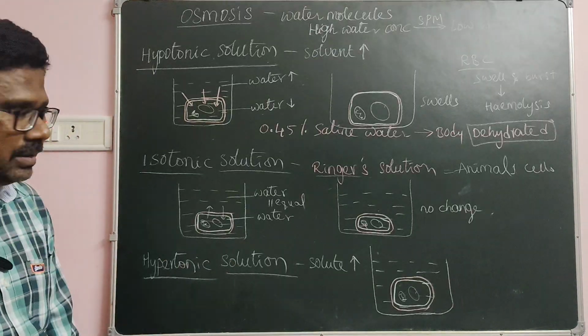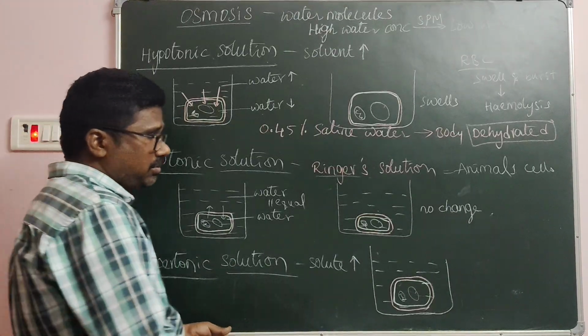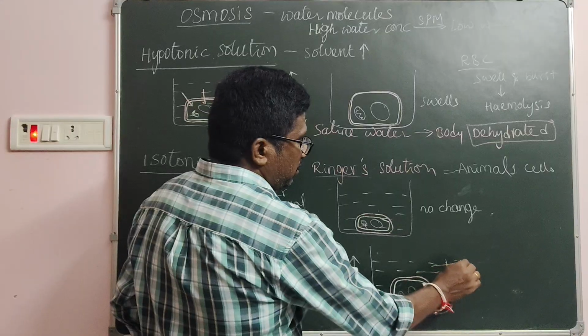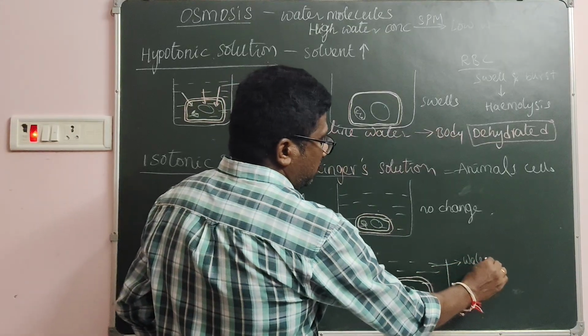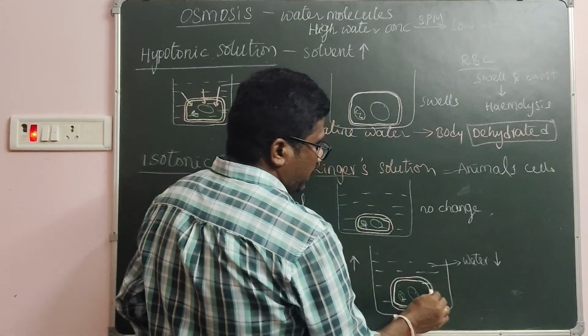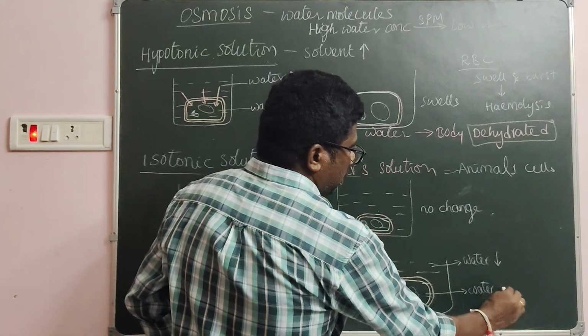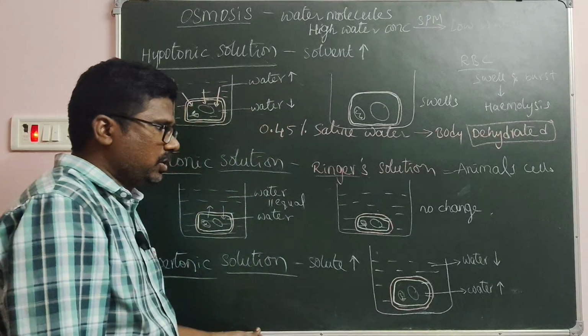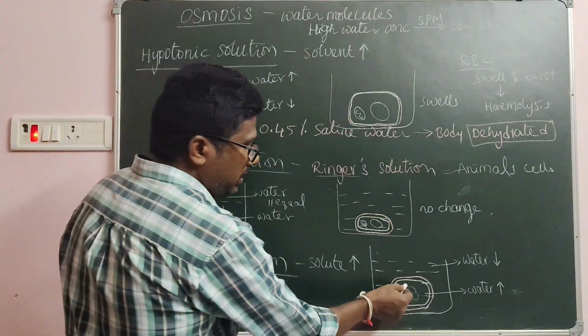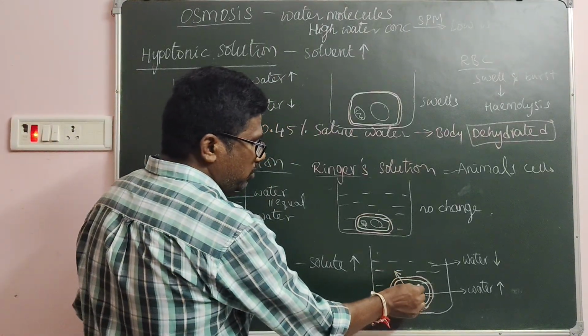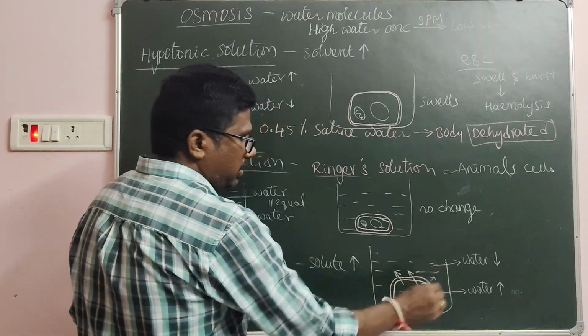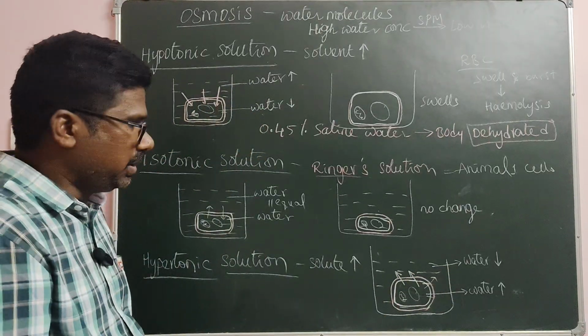Hypertonic solutions. So what happened? Here the water concentration outside is less, and inside the cell water concentration is high. So the water from inside the cells moves outside into the surrounding medium.